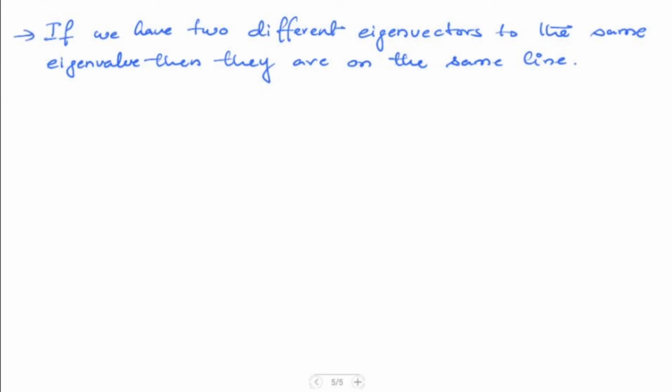Okay, so what we're saying here is that if we have two different eigenvectors to the same eigenvalue, then they are on the same line.